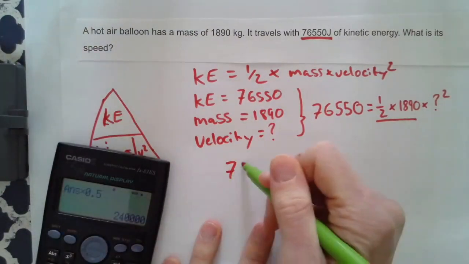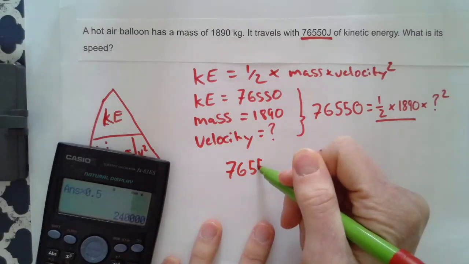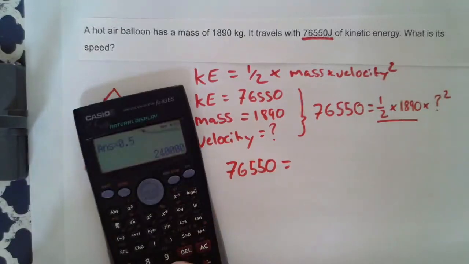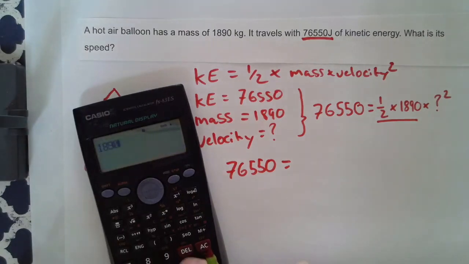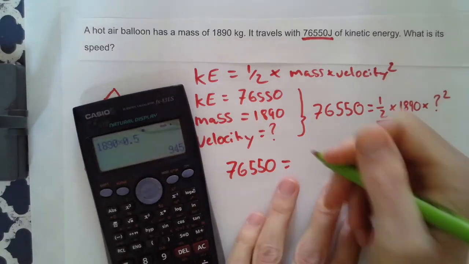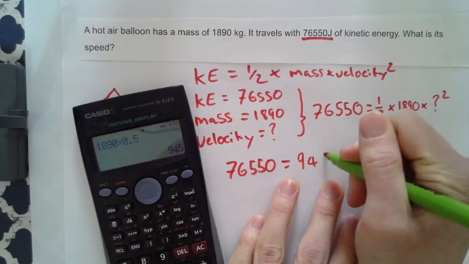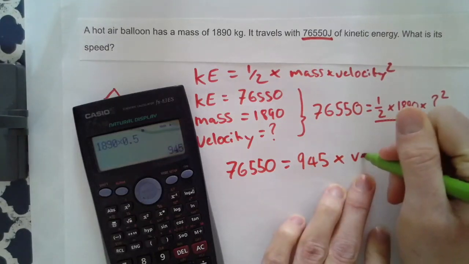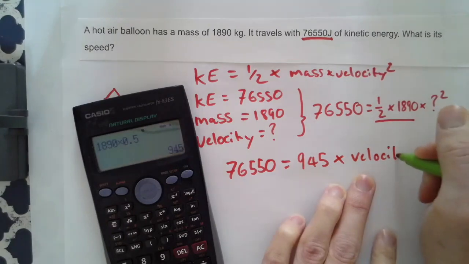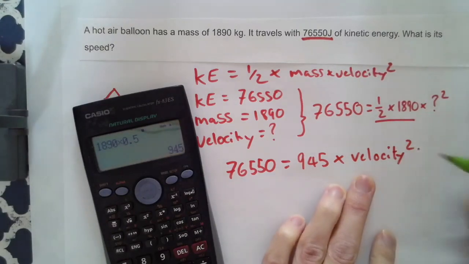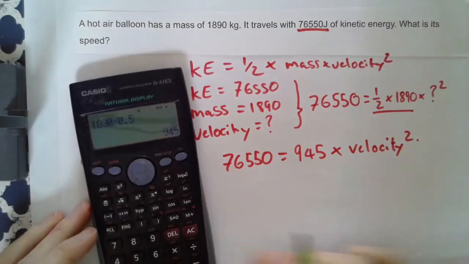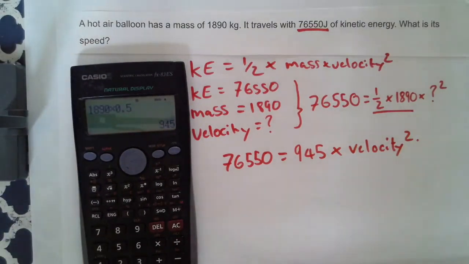So you can have 76,550 is equal to, we work this out, times by 0.5 is equal to 945 times by my speed, my velocity squared. This is a case of taking your time over it. This would be worth a good 3-4 marks in an exam question. Take a good 3-4 minutes over it.